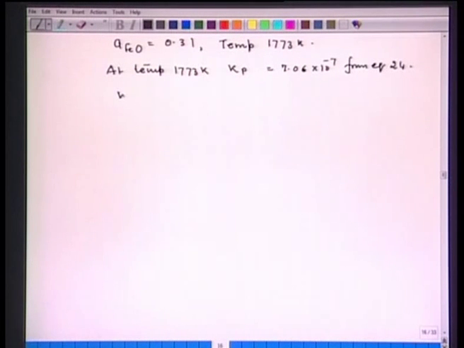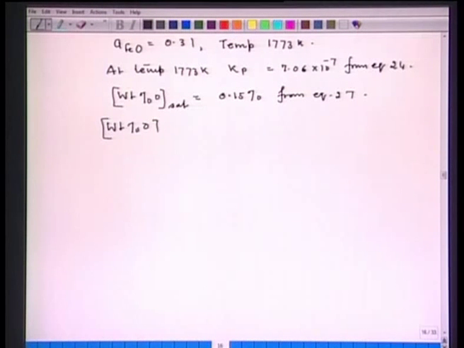Now, I can also calculate wt percent oxygen saturated, which will be equal to 0.15 percent, and I have calculated that from equation 27. Then wt percent oxygen will be equal to 0.15 into 0.31, that is 0.0465.